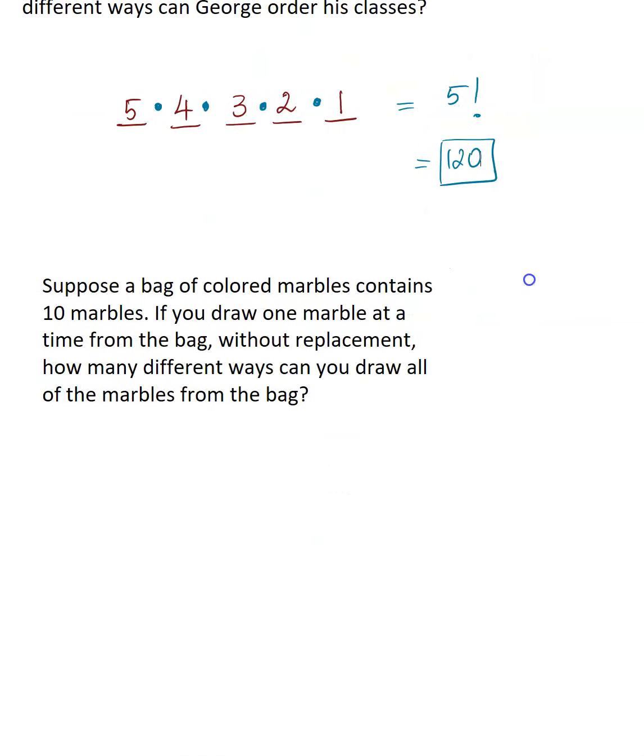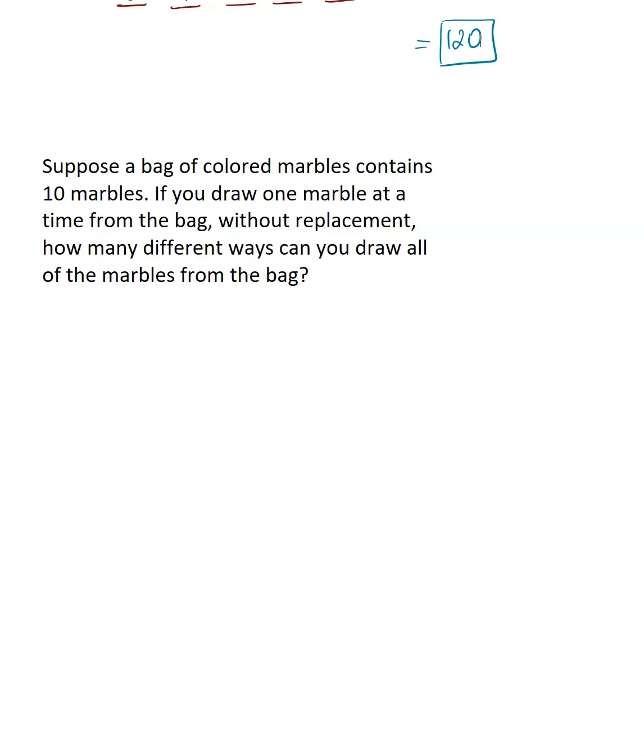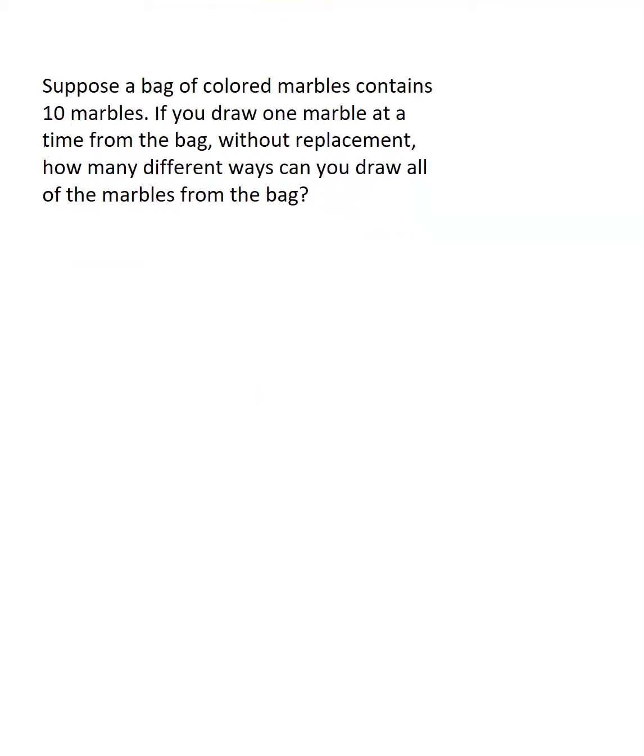In our next problem, suppose a bag of colored marbles contains 10 marbles. If you draw 1 marble at a time from the bag without replacement, how many different ways can you draw all of the marbles from the bag? So we're trying to draw these 10 marbles one at a time. And the key is that we are doing it without replacement, which means when you pull out a marble, it doesn't go back inside.